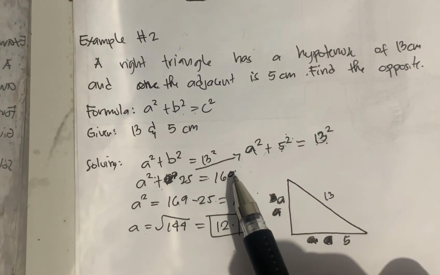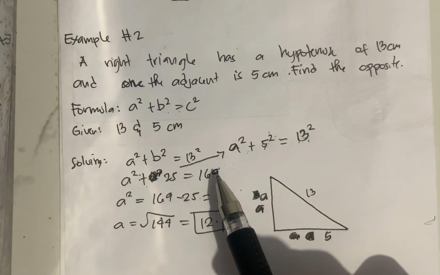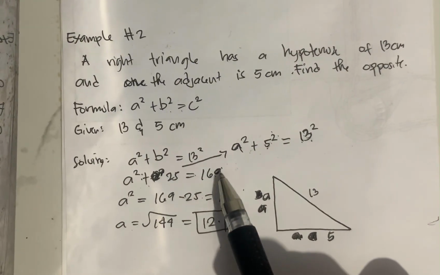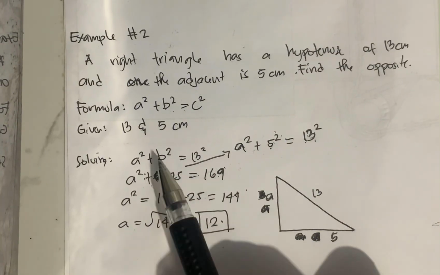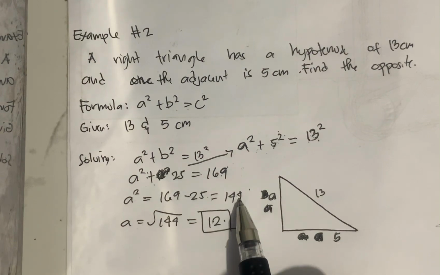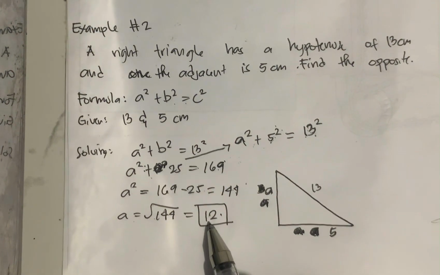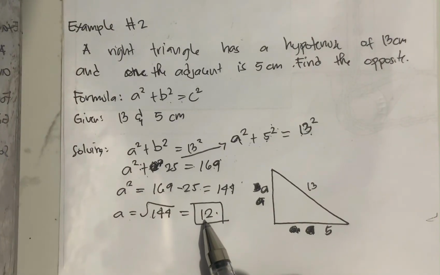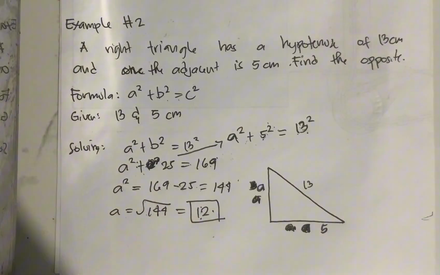To find the value of the opposite, we need to transpose this. So the positive 169 becomes negative. So a squared is equal to 169 minus 25, which is equal to 144. And the square root of 144 is 12. So now our answer for the opposite is 12.